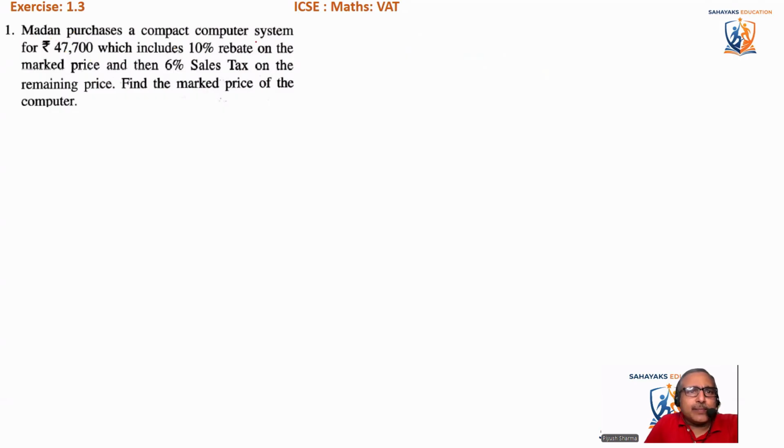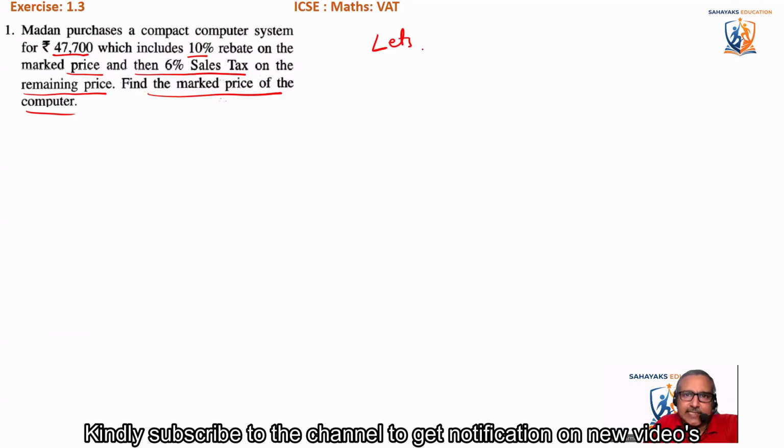Madan purchases a compact computer system for 47,700, which includes 10% rebate on the mark price and then 6% sales tax on the remaining price. Find the mark price of the computer. So let's assume that the price of the computer was X. Now on this X, they have given a discount of 10%.